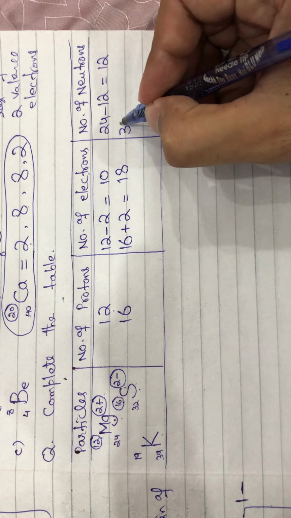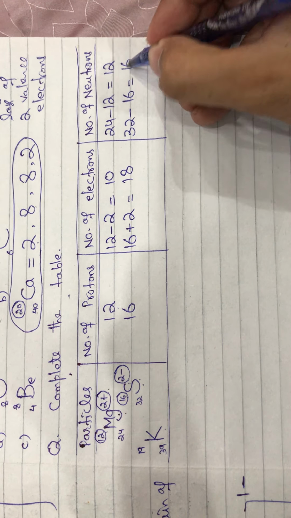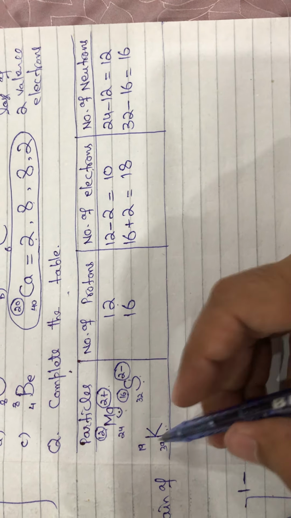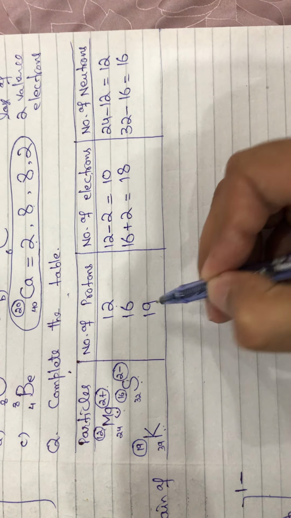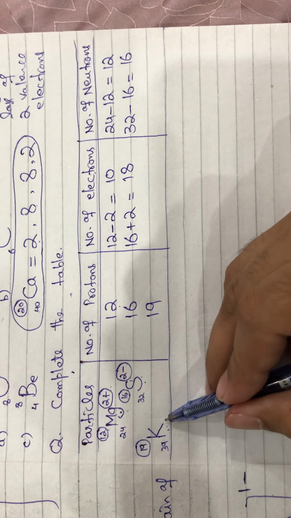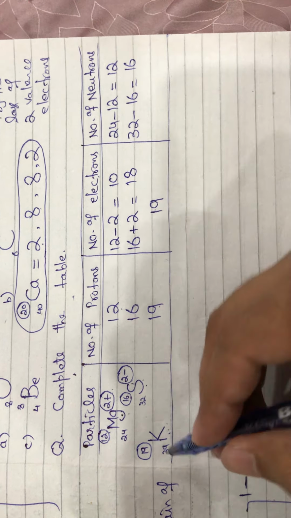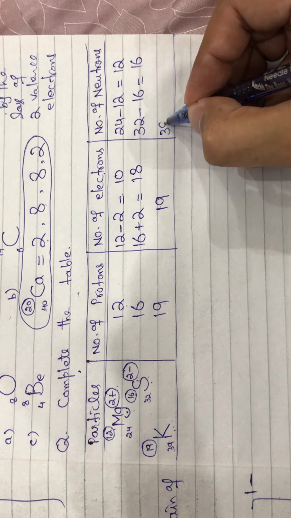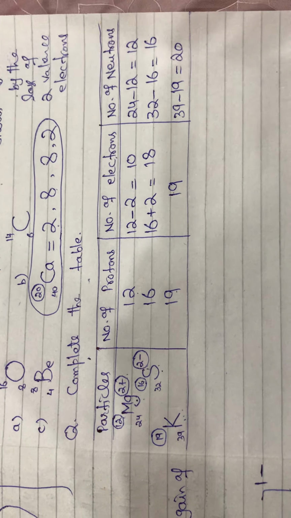And how many neutrons? 32 minus 16, the answer will be 16. Potassium, how many electrons? 19. How many protons? 19, because it is an atom, so the same number of electrons. And how many neutrons? 39 minus 19, the answer will be 20.